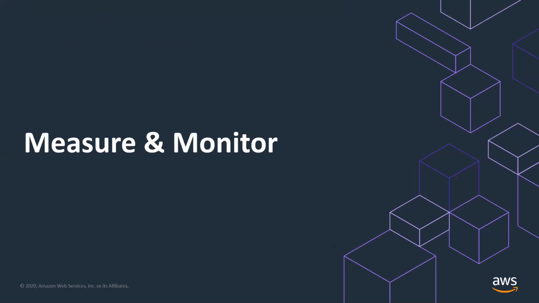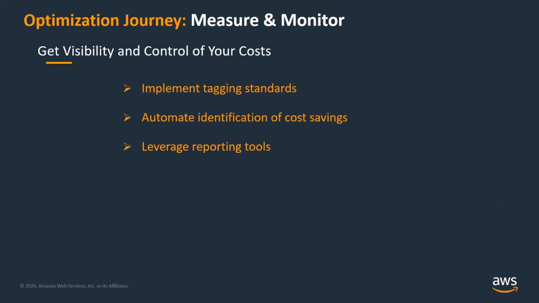And the next phase in the cloud journey is measure and monitor. So once you stabilize your workload in the cloud, the next step is to keep an eye on your resource utilization. And we offer many tools and services that can help you to measure and monitor your workload by generating very comprehensive reports.